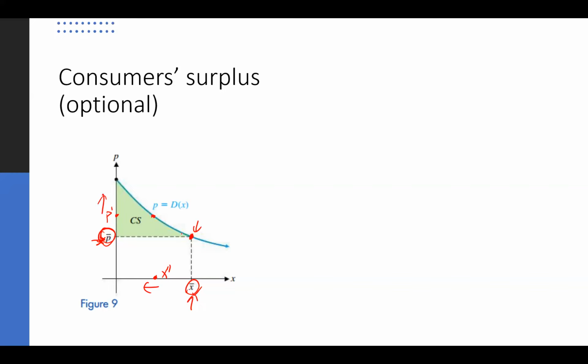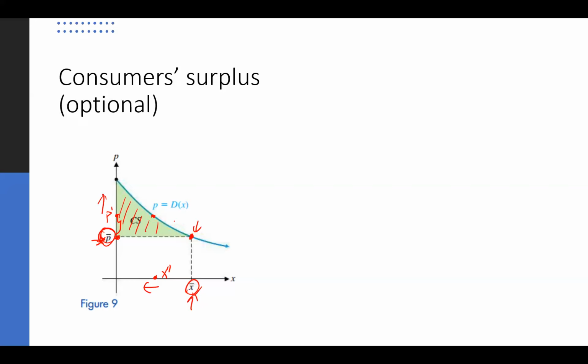But now the product price is here, right? So it means that we actually save this amount of money, just by purchasing a product that they are able to buy, and now it's within their purchasing power. So this amount essentially represents the consumer surplus, the money saved by the consumers when they purchase something.